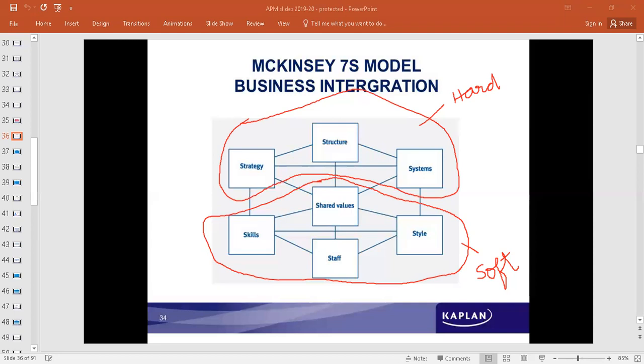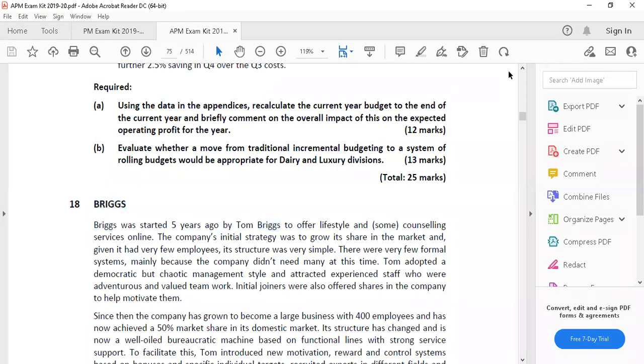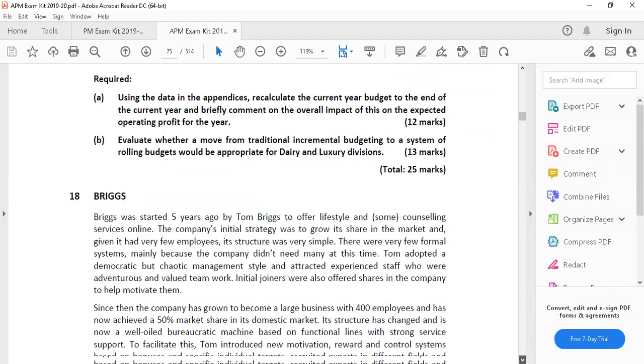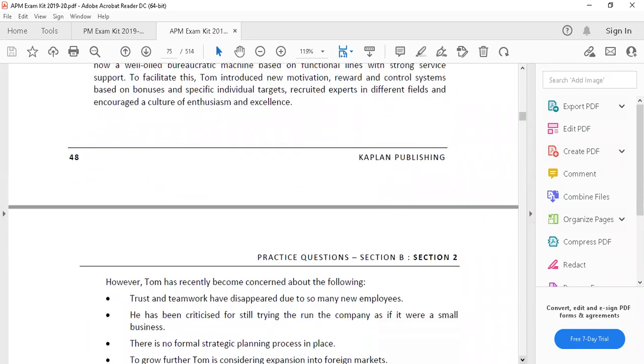Let me put you to the case study. We'll read through that. It's a very small question, but exclusively on McKinsey 7S.